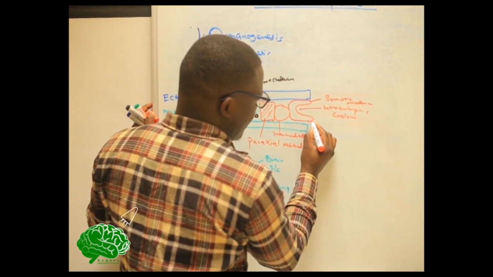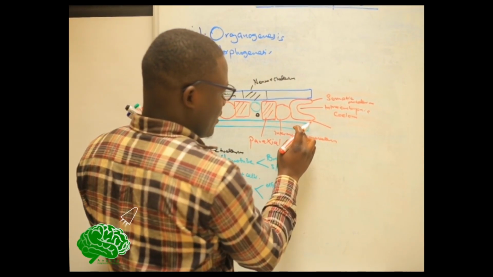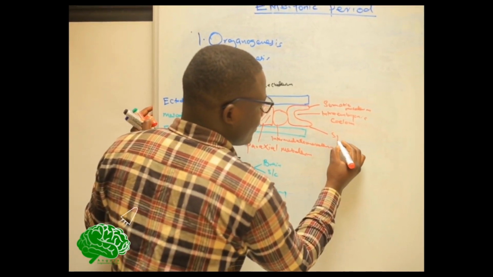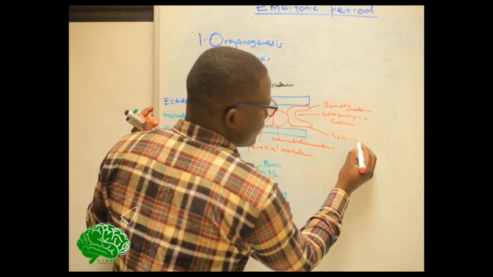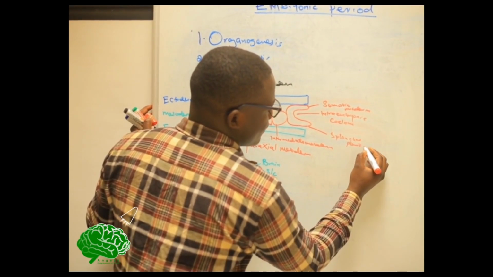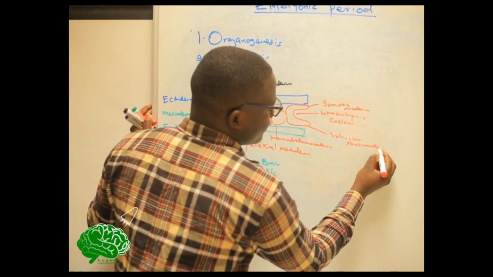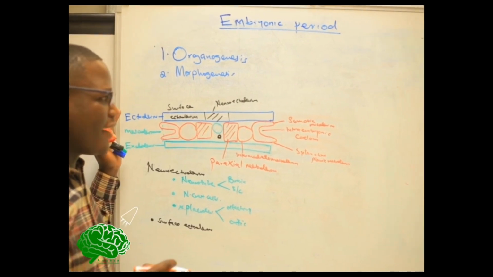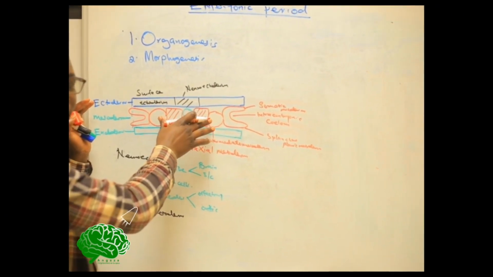And then this other portion, which is closer to the endoderm, is termed as splanchnic mesoderm.